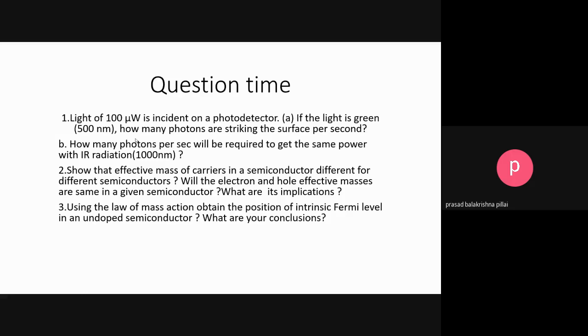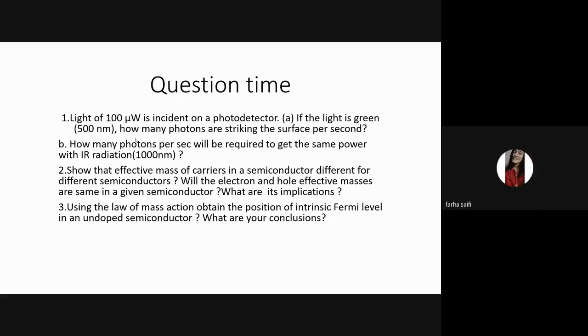Can you find out nu? H nu is the formula for energy, but suppose you don't know nu and the wavelength is given. C by lambda. Dimensionally, what is c by lambda?